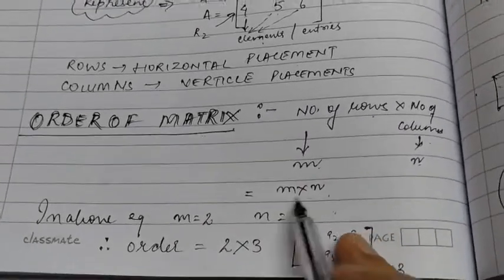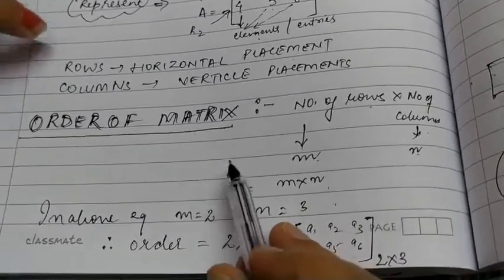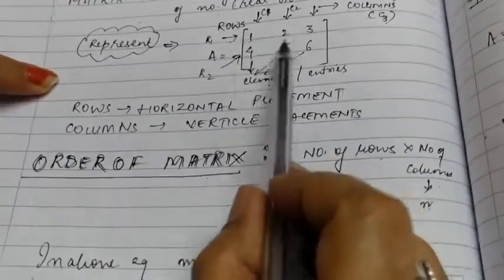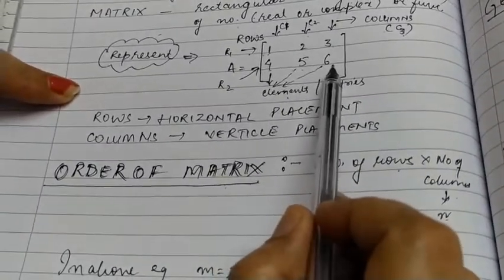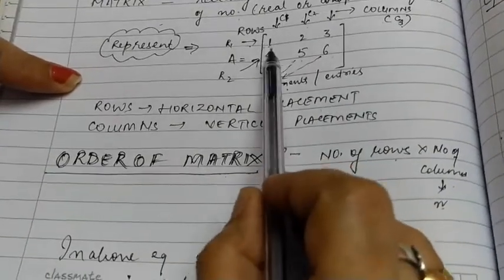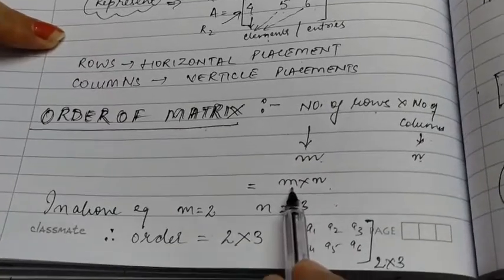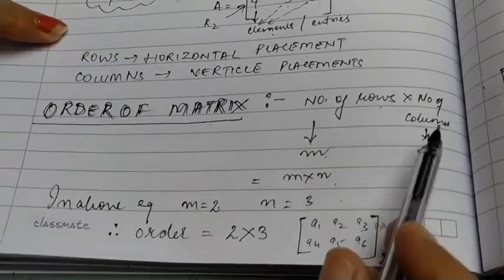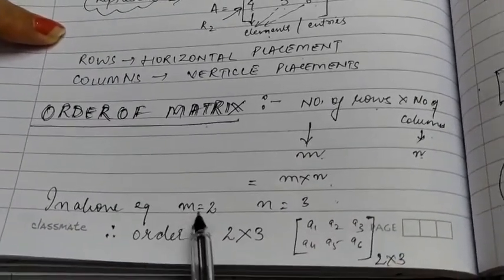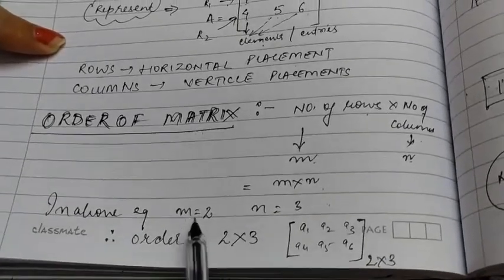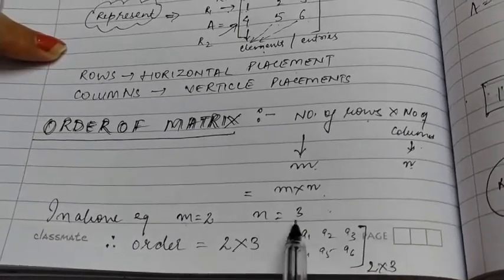For example, in the above example, how many rows are there? 1, 2. 2 rows. And how many columns? 1, 2, 3. Generally, rows are represented by m and columns by n, so here the value of m is 2 and the value of n is 3.